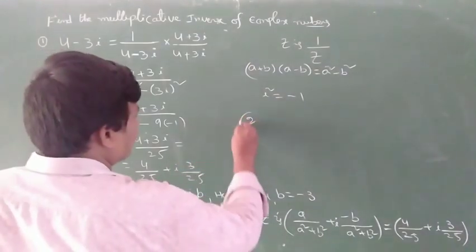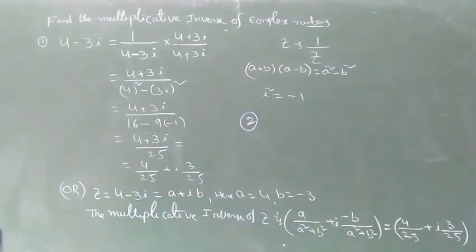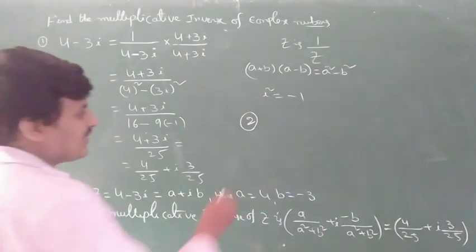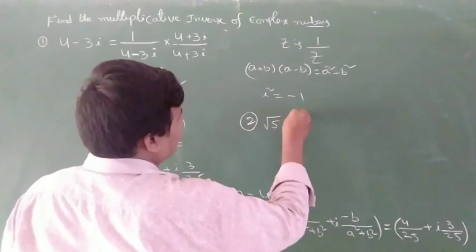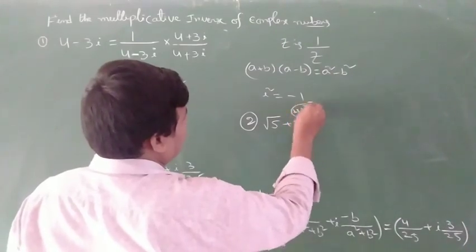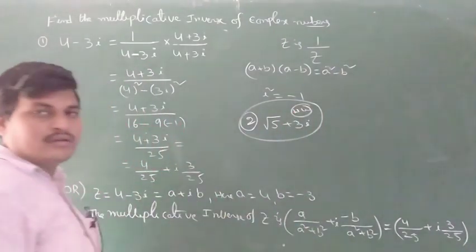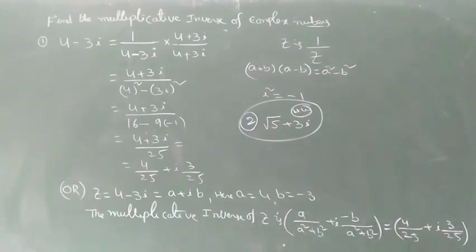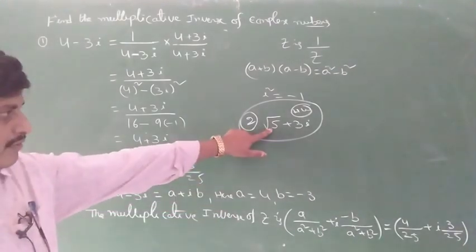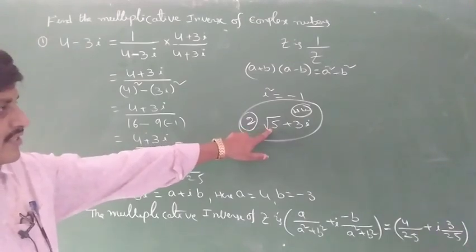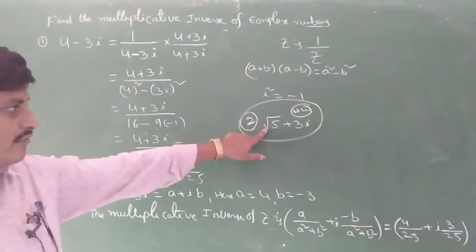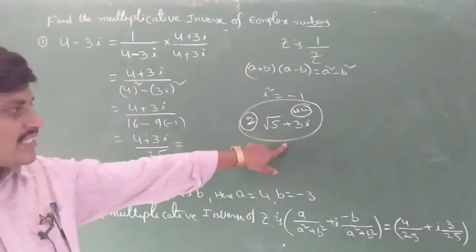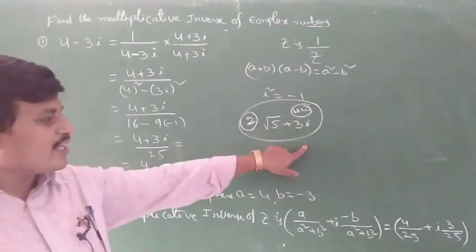Next, the second problem: root 5 plus 3i, find the multiplicative inverse. This is homework. What is the answer? Root 5 by a square plus b square, 5 plus 9, 14, so root 5 by 14 plus i into minus 3 by 14.